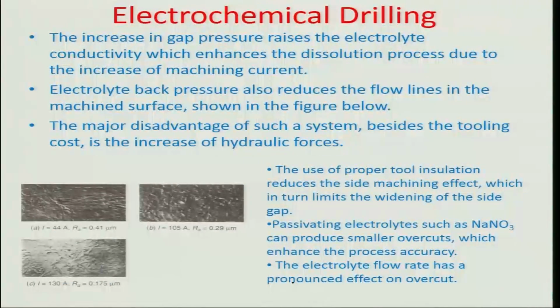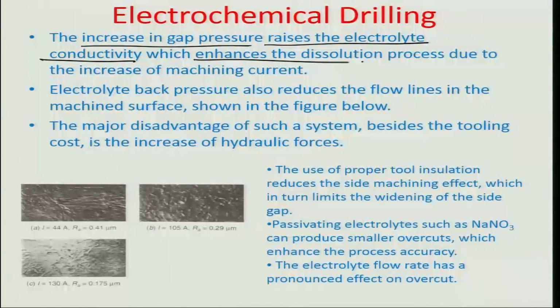So the increase in gap pressure, because the hydrogen has been eliminated, would raise the electrolyte conductivity, and this would enhance the dissolution process. So if you were to plot, there is a directly proportional rise of the MRR if the pressure of the electrolyte feed is increased in the machining zone.